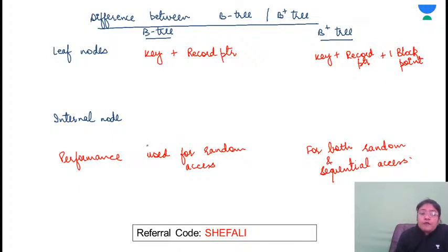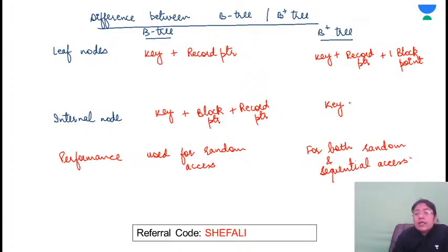But there's a major difference in the internal node, because in the B tree, the internal node will be having the keys, the block pointers, and also the record pointers. Whereas in case of B plus tree, the internal node only contains the keys and the block pointers.